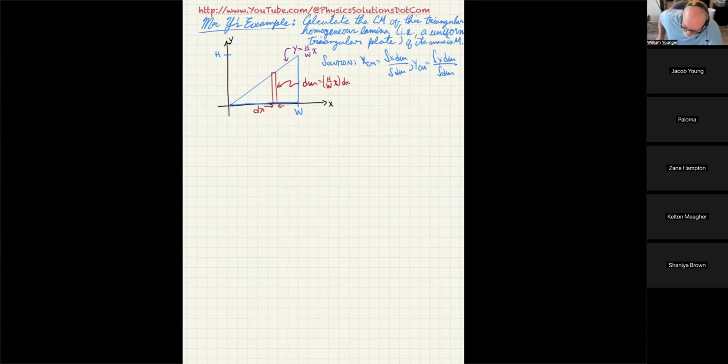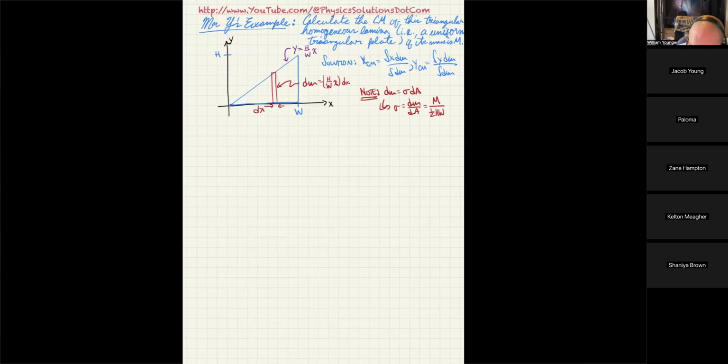Because it's uniform, we can figure out, I'll note, we said dm is equal to sigma dA, which also implies that sigma is dm over dA, which in this case is just M over one half h times w.